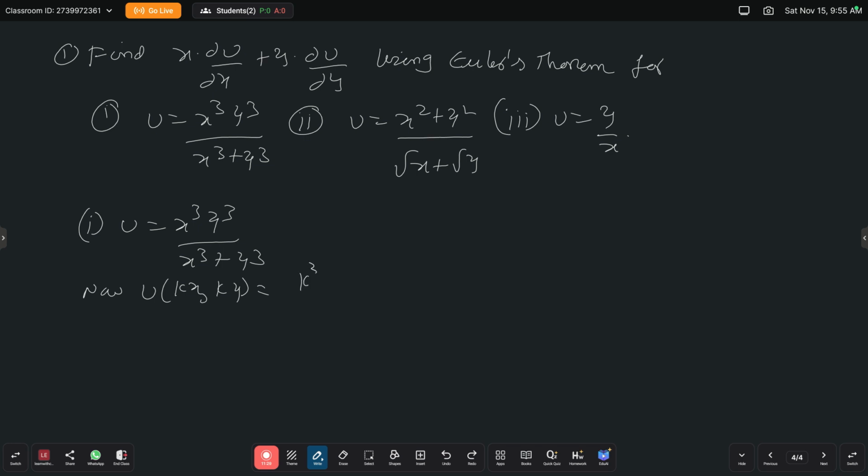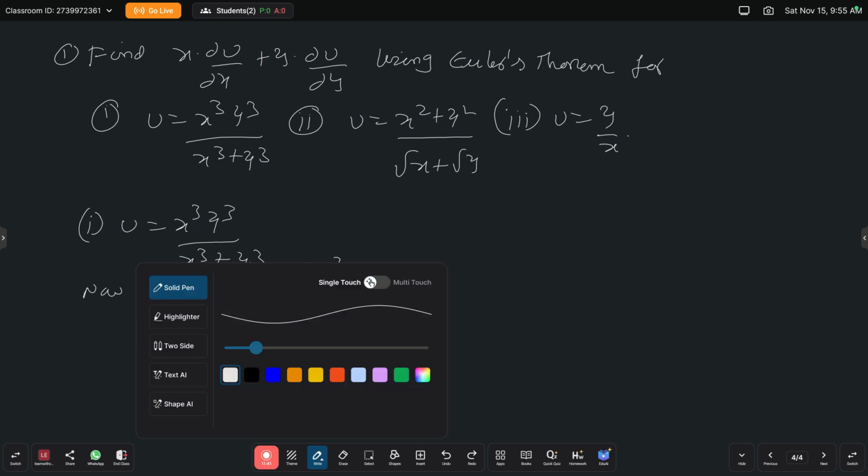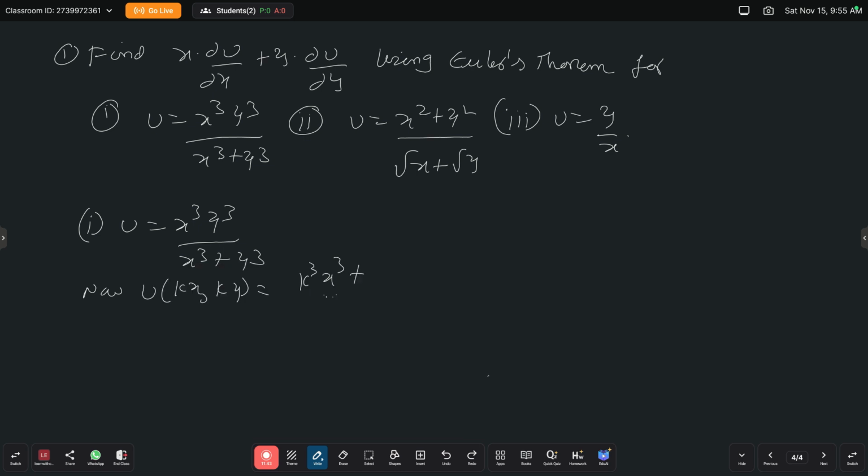So k cubed x cubed into k cubed y cubed by k cubed x cubed plus k cubed y cubed.